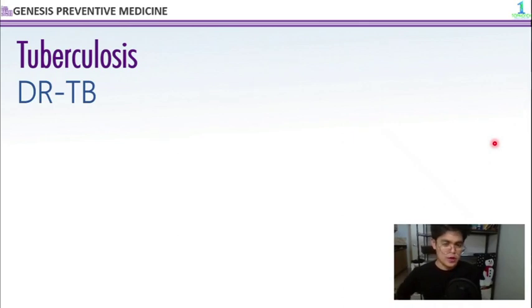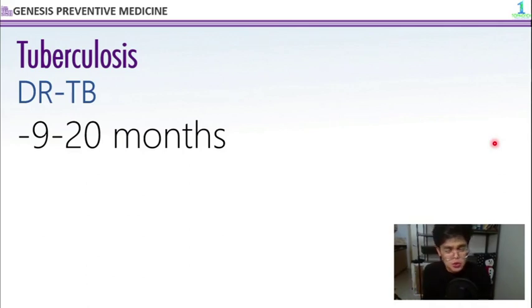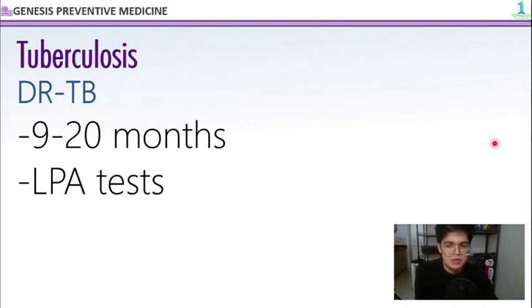So next, for DRTB, as I have alluded to earlier, drug-resistant TB, usually treatment will last anywhere between 9 to 20 months, an extension from the normal 6 months in the DSTB or the drug-sensitive TB.